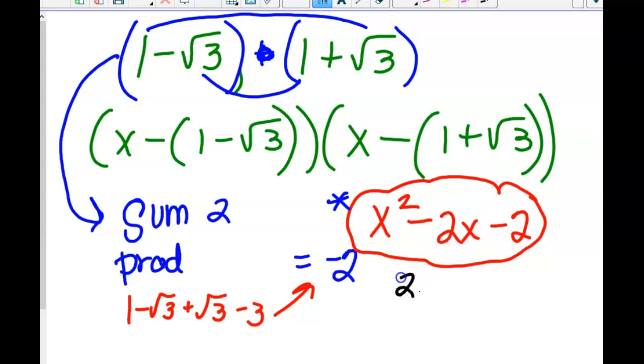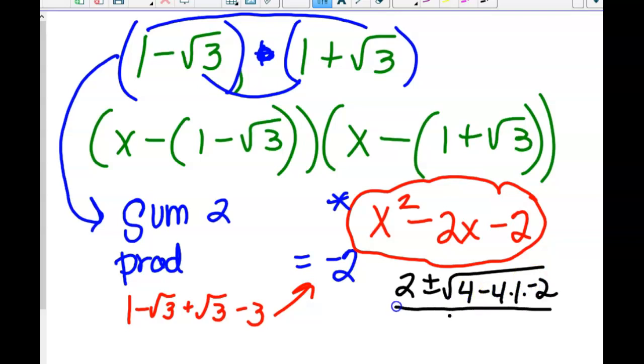Opposite of b would be plus or minus the square root of, what's negative 2 squared? Minus 4 times 1 times negative 2. Well, 4 times 1 times negative 2 is negative 8, but the minus and negative will become plus.